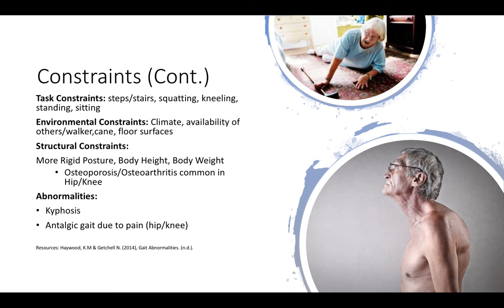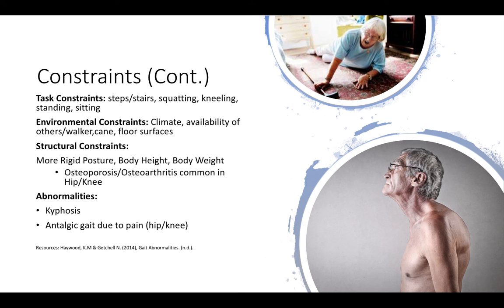And then there could be structural constraints, so they typically will have more rigid body posture, lack of flexibility, and also body weight and body height could be a constraint if they're overweight or underweight, like we said. And osteoporosis, osteoarthritis is all too common, especially in the hip and knee.